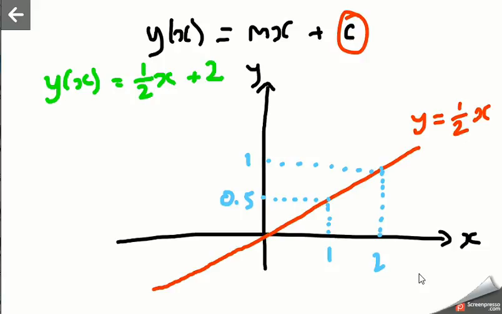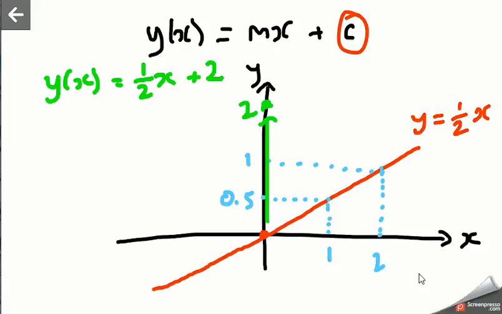What happens when I put x equals 0 into this function? Well, when x is equal to 0, y is equal to 2. So the point 0, 0 actually gets moved up to the point 0, 2.